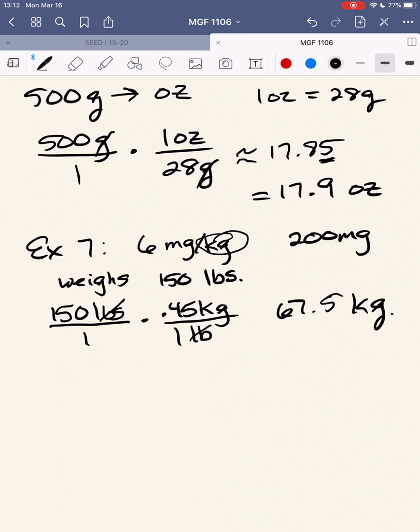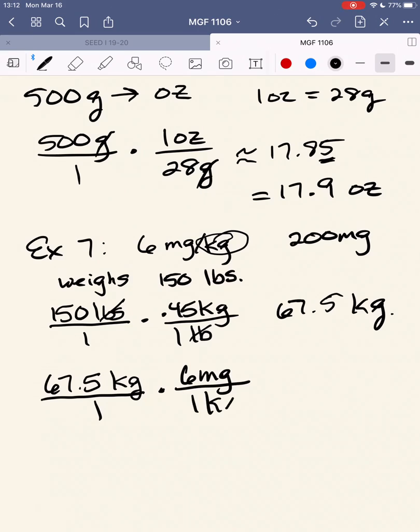Now I've got to figure out the dosage per kilogram. So I have 67.5 kilograms, the weight of the person in kilograms, over 1. And then my dosage instructions are 6 milligrams per 1 kilogram.